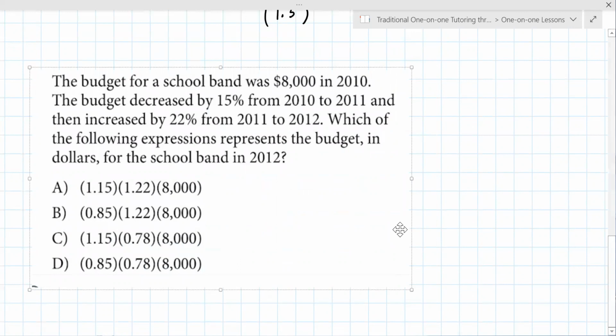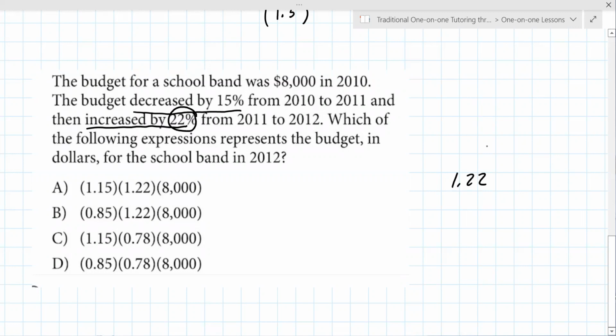The budget decreased by 15% from 2010 to 2011, and then increased by 22% from 2011 to 2012. So what is that 22% increase as a decimal? 1.22. So in the same way that you add when it's an increase, you subtract when it's a decrease. So 0.85. Which of these has 0.85, 1.22, and the 8,000 in it?